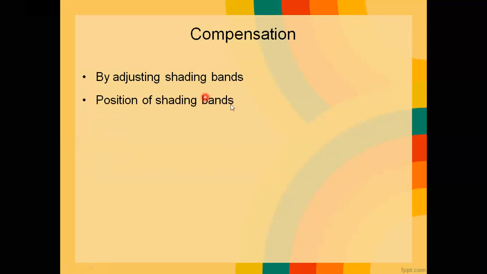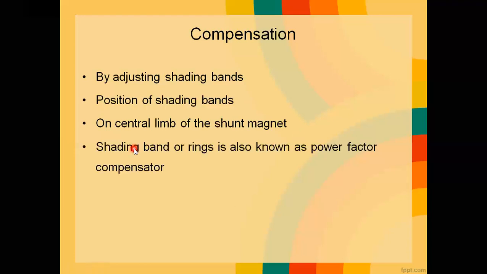So we can change the position of the shading bands on the central limb of the shunt magnet. The shading band or rings is also known as the power factor compensator. This is important.